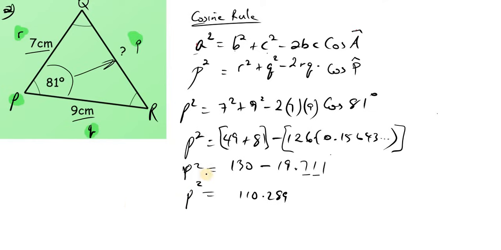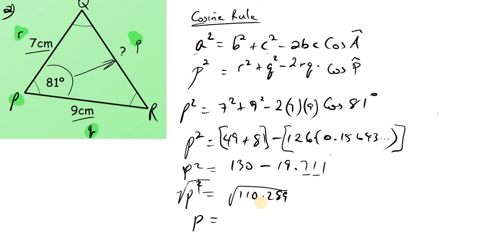So I put back this P squared and I work out this portion, which gives me this, up to 3 decimal places. To find P, I need to remove the square. To remove the square, once it transposes to the other side, it becomes the square root. If you don't understand that, then I can say I square root the square, take it off, so I square root the other side as well. So technically, it's like you transfer the square over as a square root. And the square root of that, 110.289, will give us what?